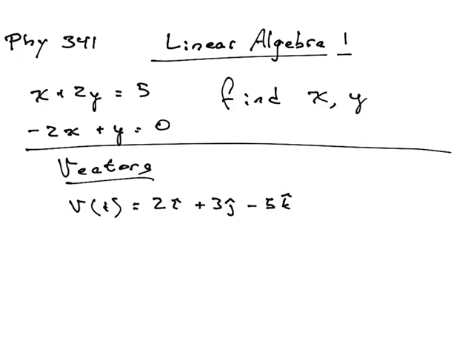It's got x, y, and z components. Remember, if you're not comfortable yet with this stuff, i hat is the unit vector in the x direction. j hat is likewise a unit vector but in the y direction.